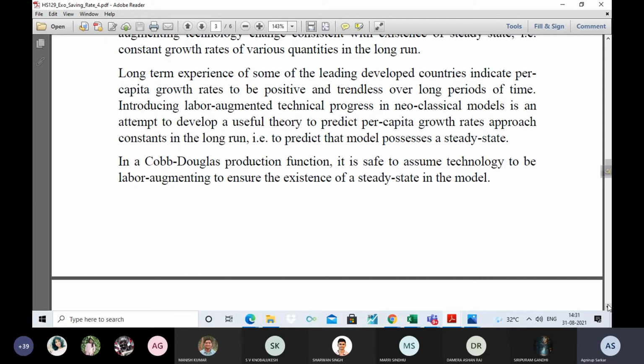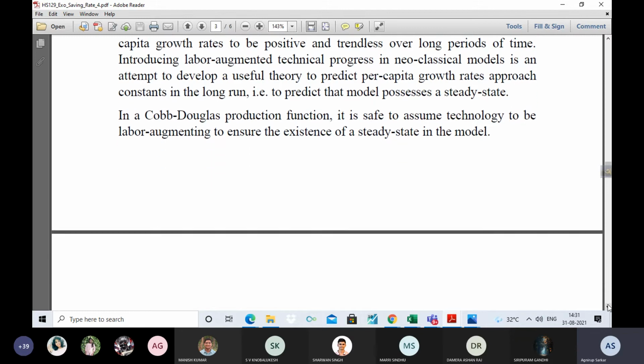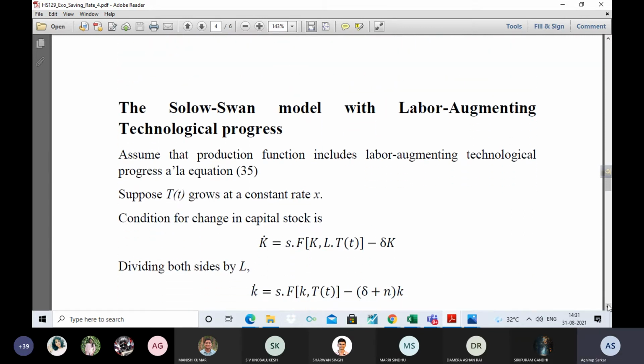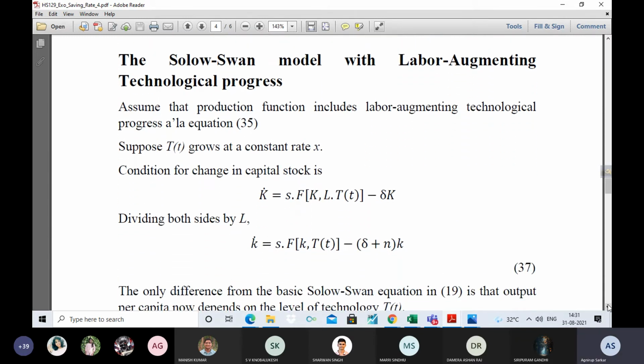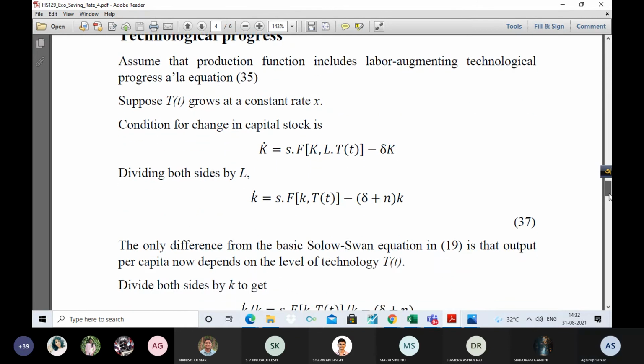Now, what would happen to the Solow-Swan model if we take into account labor augmenting technological progress? Let's see what happens to the Solow-Swan model. What we assume is that the production function includes labor augmenting technological progress as shown by equation 35.